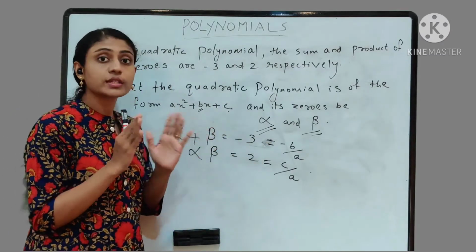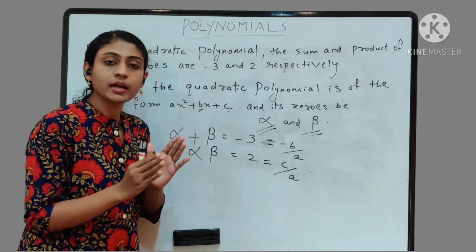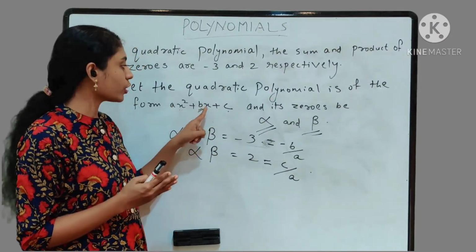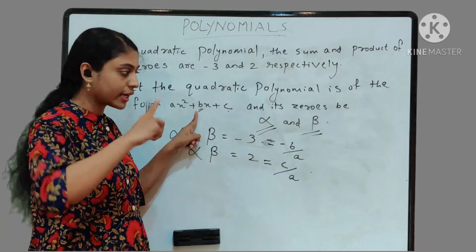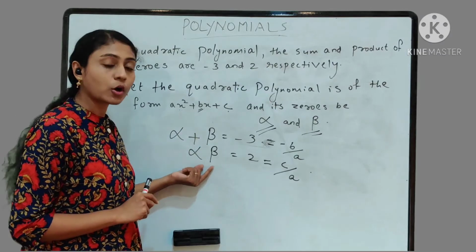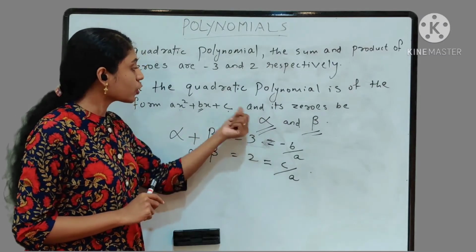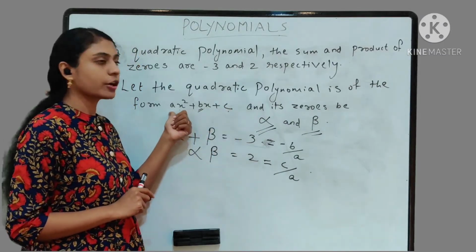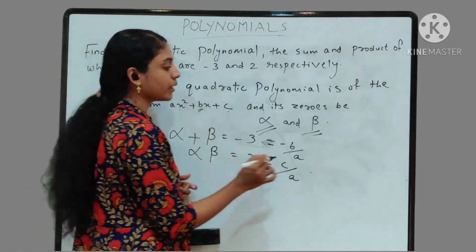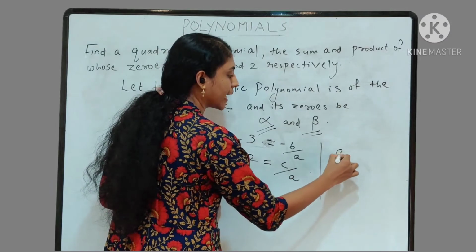The sum of the zeros is the negative of coefficient of x, which is b, divided by coefficient of x square, which is a. The product of the zeros is the constant term c divided by coefficient of x square, that is a. So now let us put a as 1.